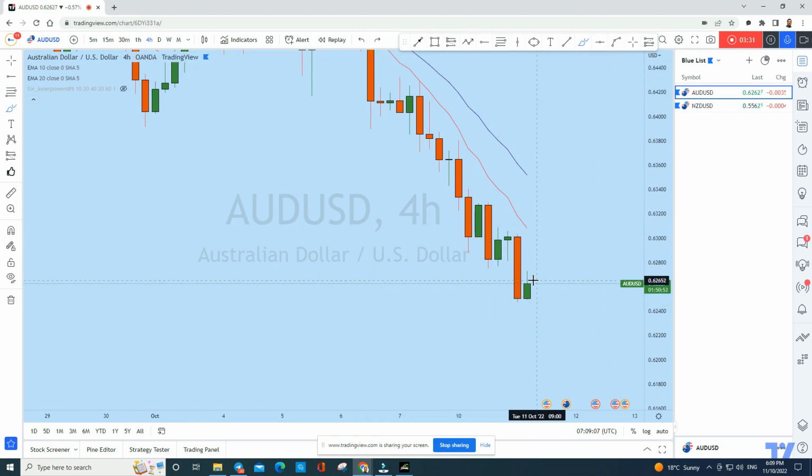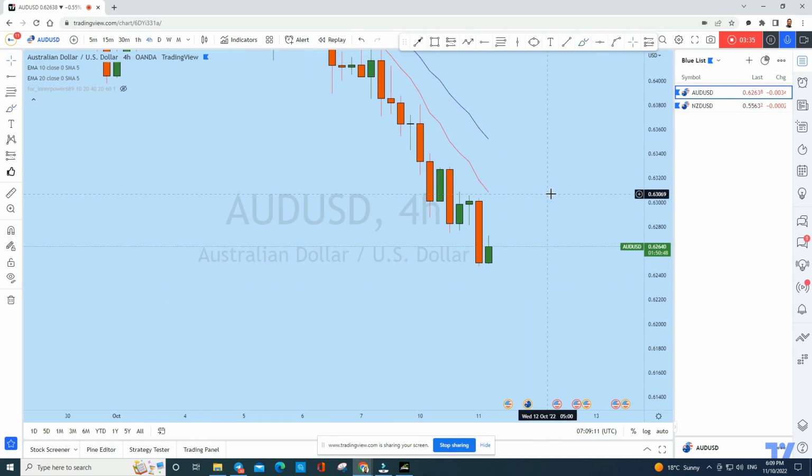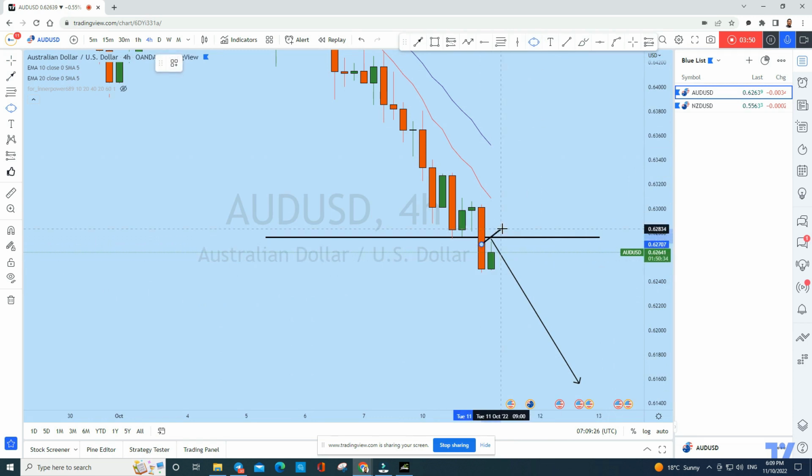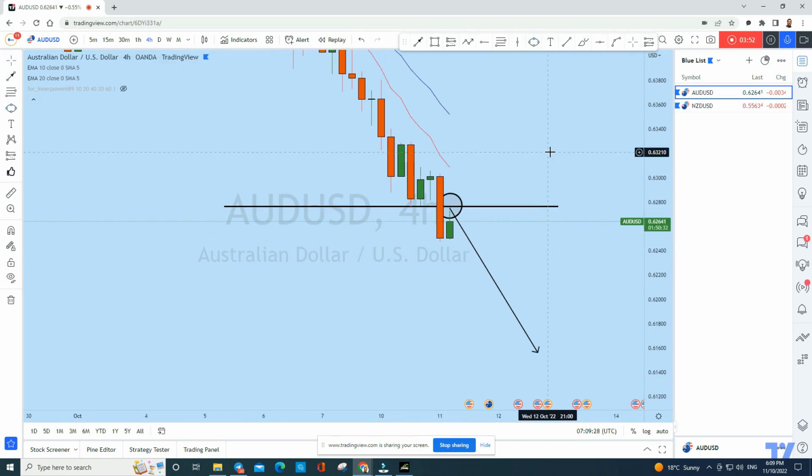Currently this candle still has 2 hours remaining at the time of recording. What I think is that after testing this previous swing low, this previous support zone which is acting as resistance, we could potentially see a strong rejection to the downside, and that is what we are doing. We are actively watching for an entry opportunity on Aussie dollar to take this move to the downside with a high probability trade setup with our students.